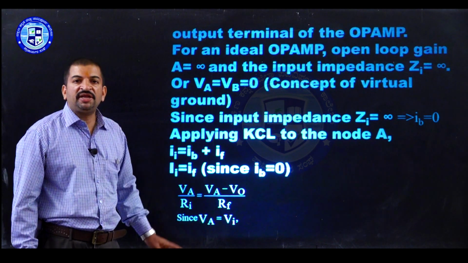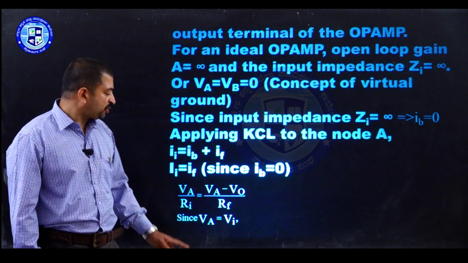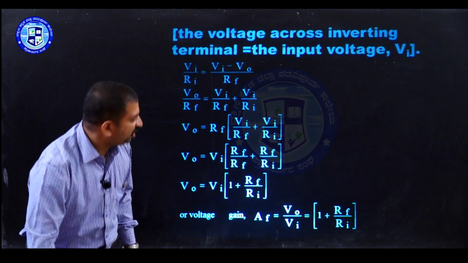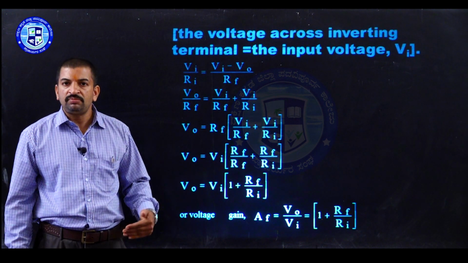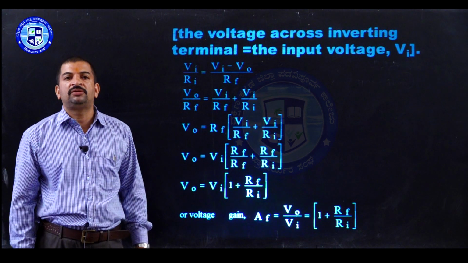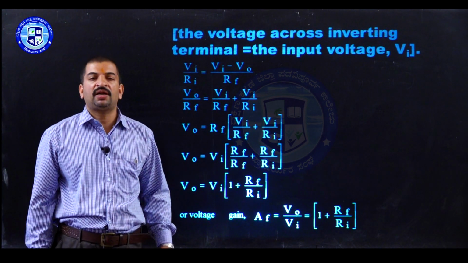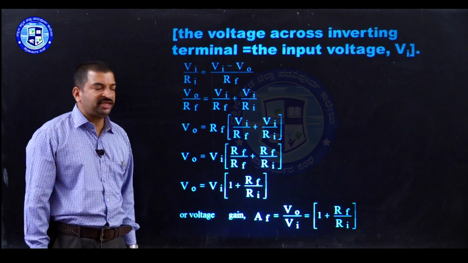Since the voltage at node A is equal to the input voltage, we will now substitute Vin in place of VA. Therefore, the equation now becomes Vin by Ri is equal to Vin minus V0 divided by RF. We will now rearrange this equation. We will write the equation in terms of the voltage gain or output voltage.